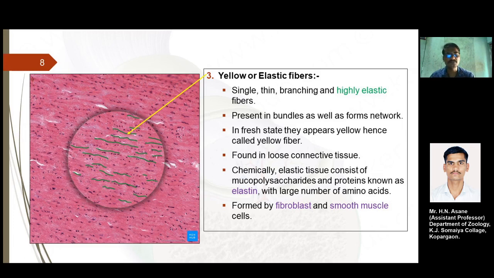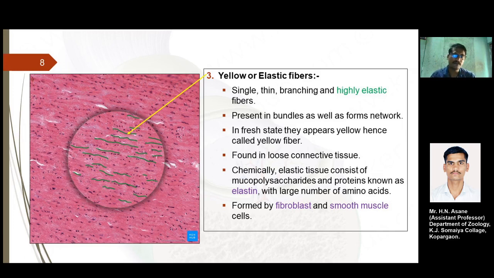These elastic fibers are present in bundles as well as forming a mesh-like network, and in the fresh state they appear yellow, hence they are named yellow fibers or yellow elastic fibers.